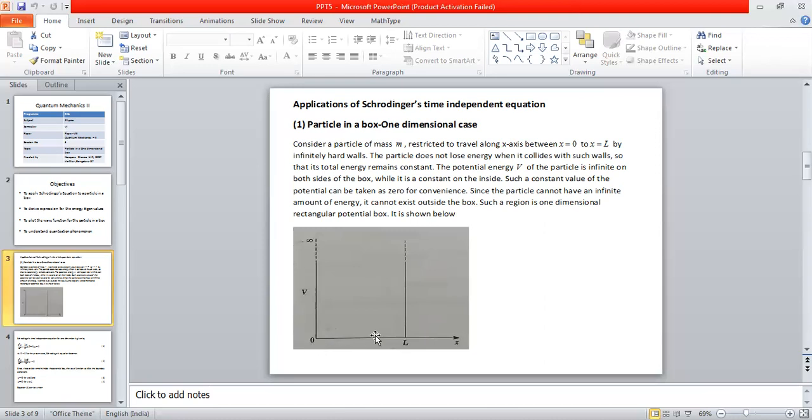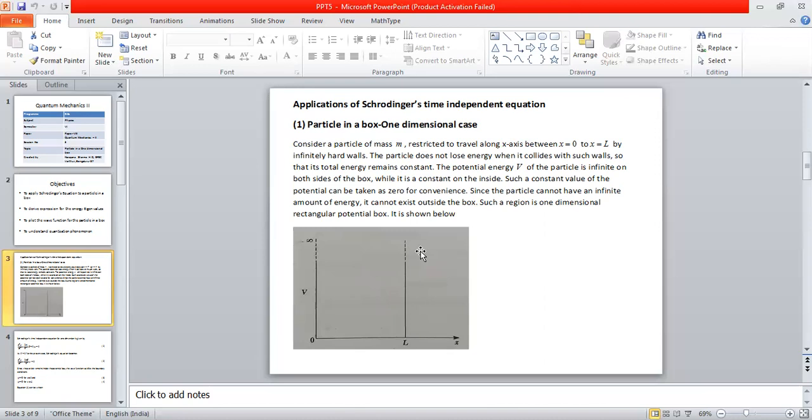So this is a case where we have a particle of mass m, restricted to move within these two boundaries, x equal to 0 and x equal to L. Now, the potential energy of the particle inside this region is constant, compared to the potential energy outside, which is infinite, so the particle cannot exist outside.